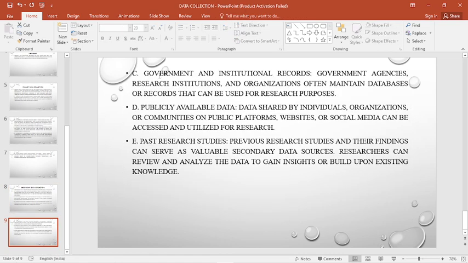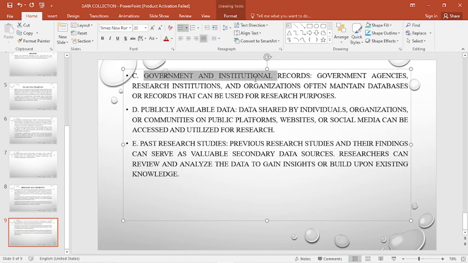And next, government and institutional records. Government agencies, research institutions, and organizations often maintain databases or records that can be used for research purposes. Next one is publicly available data. Data shared by individuals, organizations, or communities on public platforms, websites, or social media can be accessed and utilized for research.